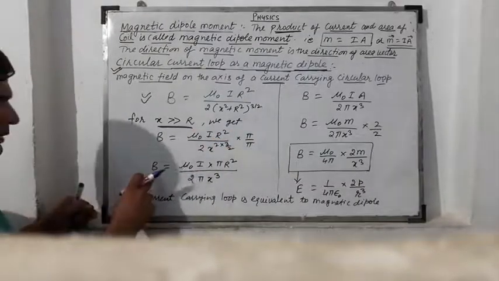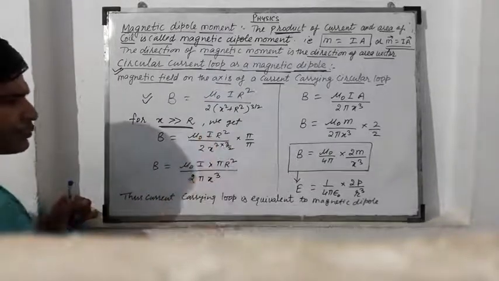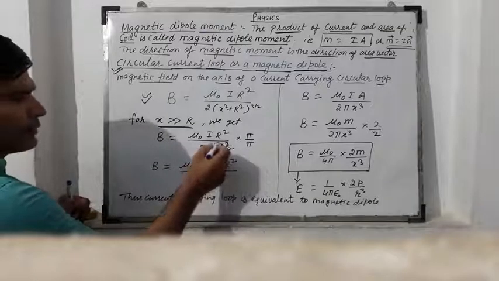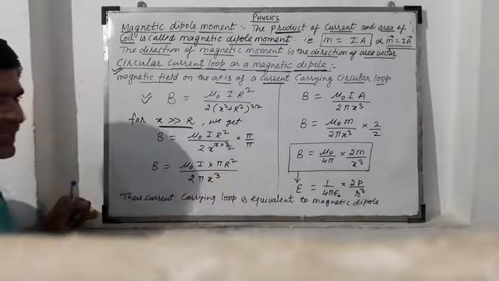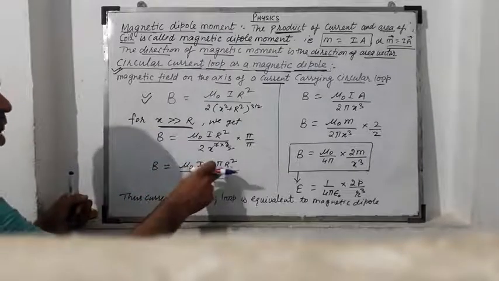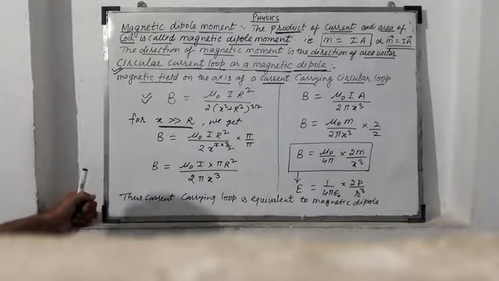We get B is equal to mu naught I pi r square upon 2 pi, and the 2 cancels out, so the power is x cube. Once again, B is equal to mu naught I into pi r square upon 2 pi x cube.